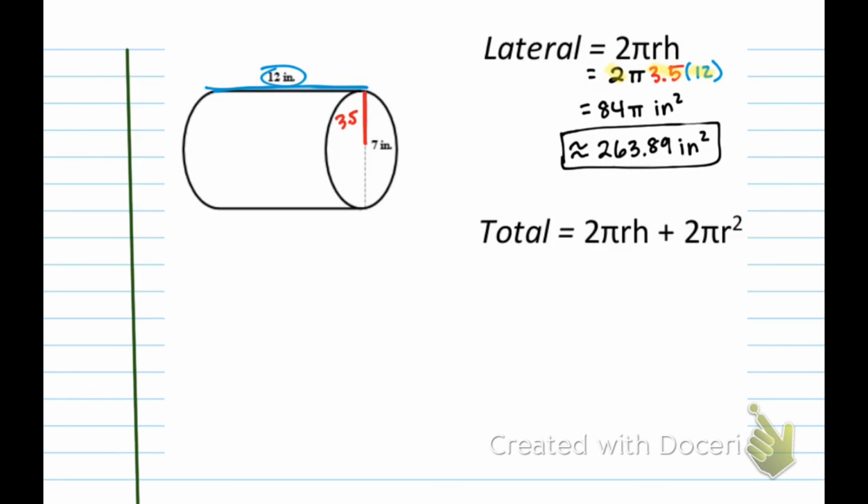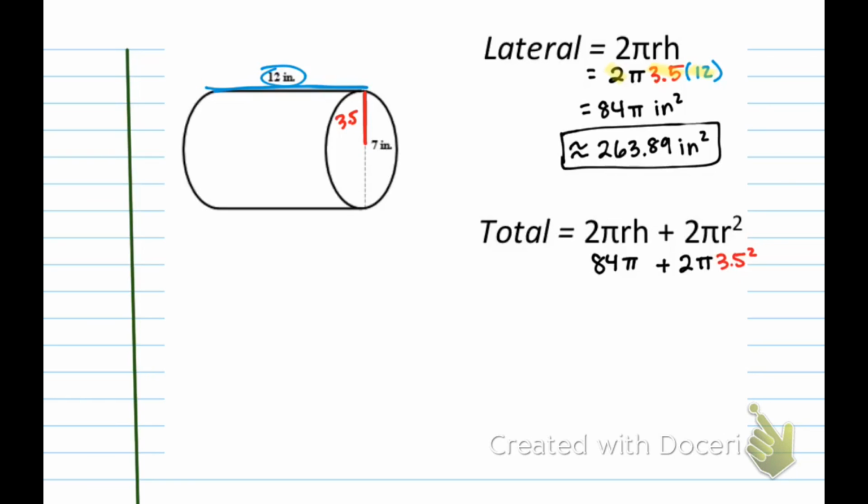All right, so let's find our total surface area. So we're going to include the bases this time. So we got 2 pi rh, which is our 84 pi, or you can put your 263.89. I like to do 84 pi because it's a little bit more clean. And then we got 2 pi, and then our radius, remember it's not 7, it's 3.5 squared.